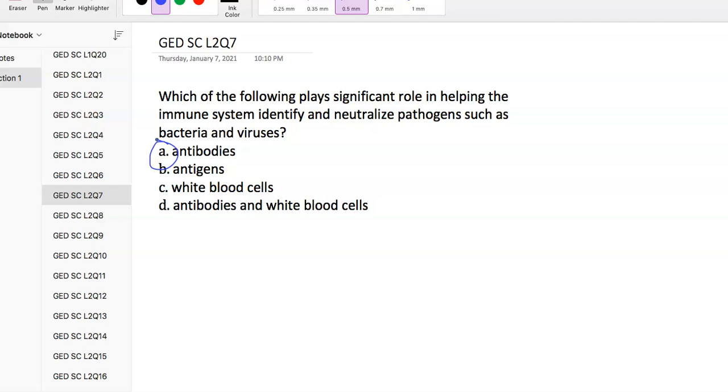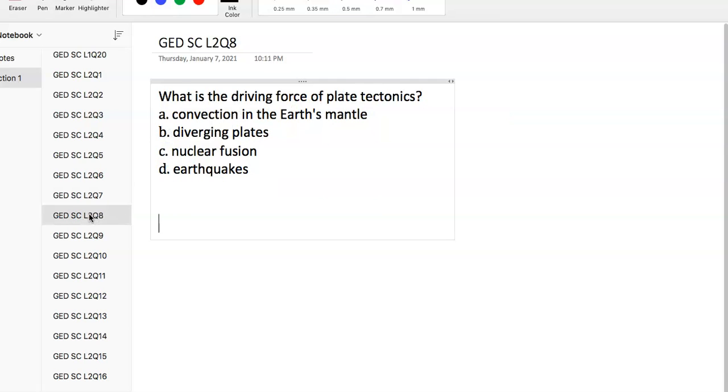The antibody recognizes a unique molecule of the harmful agent, which is called an antigen, and then looks to destroy it. So if you got confused between antibodies and antigens, the antibodies are looking to destroy the antigens. That's how they work.